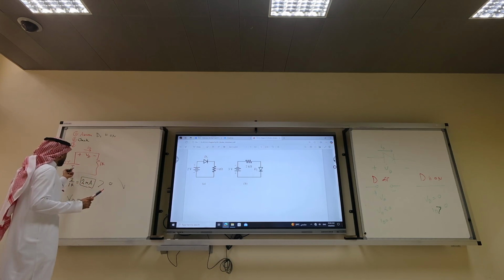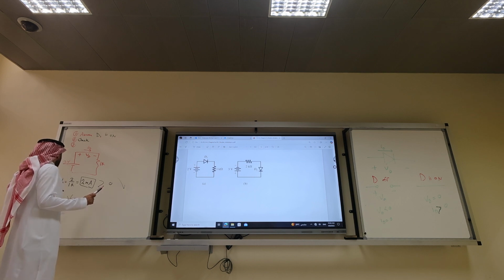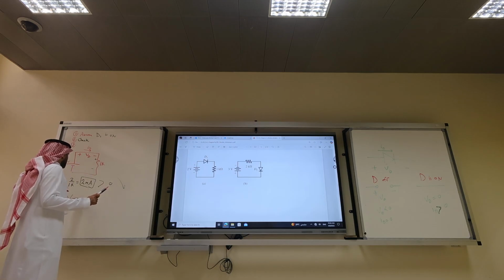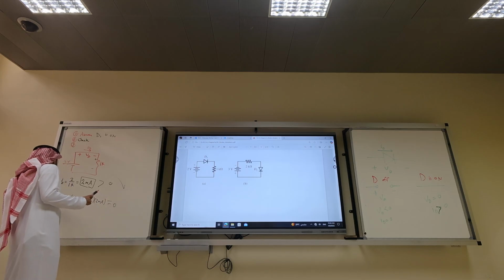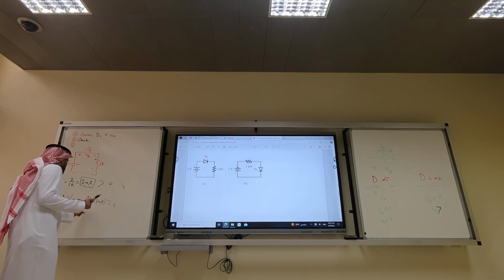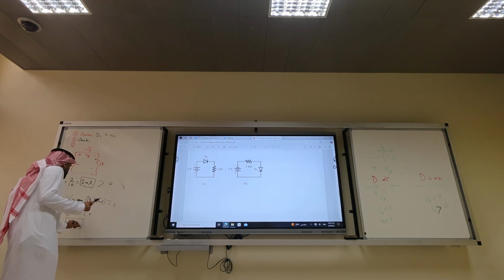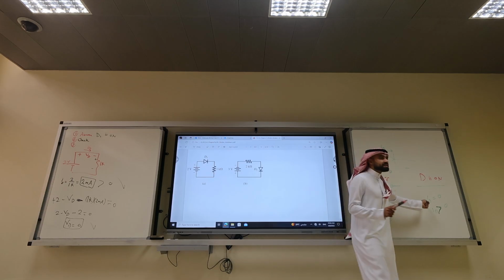But if you do KVL, it's plus 2 voltage rise, minus VD, minus 1K times 2 milli equals 0. So 2 minus VD minus 2 equals 0. So VD is what? 0. So condition number 2 is satisfied.